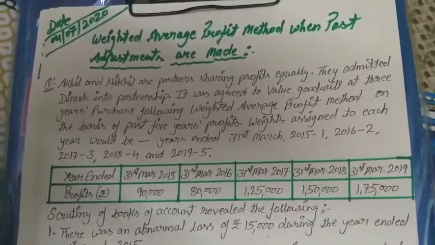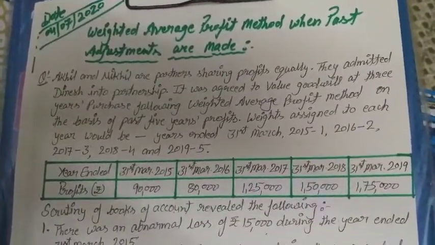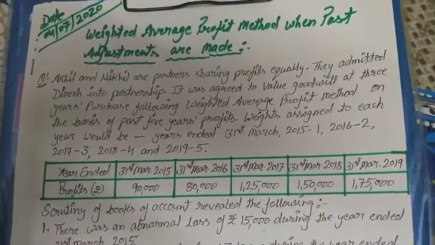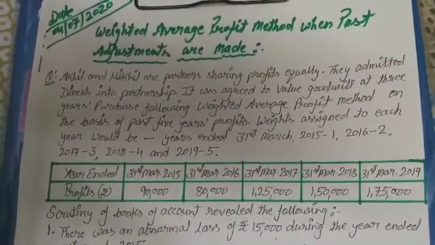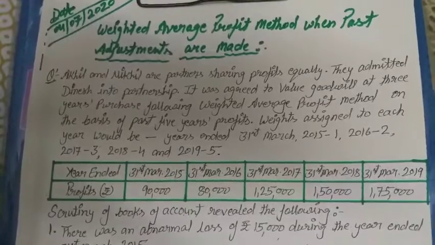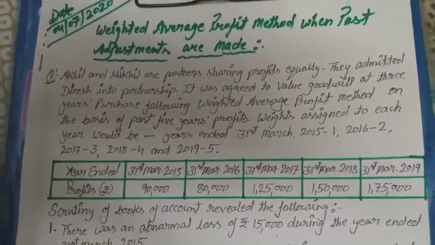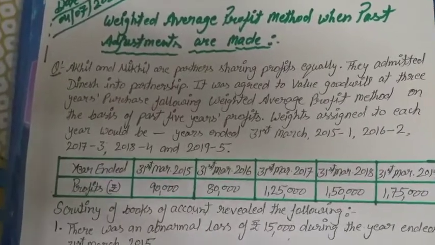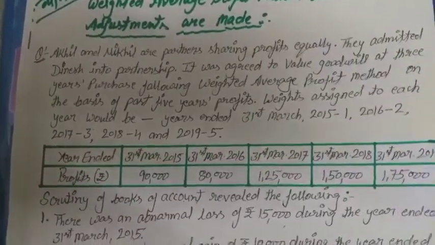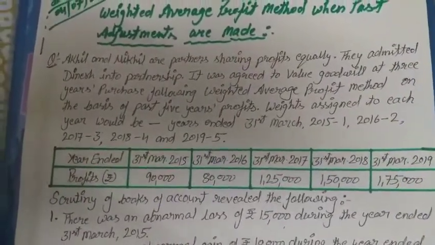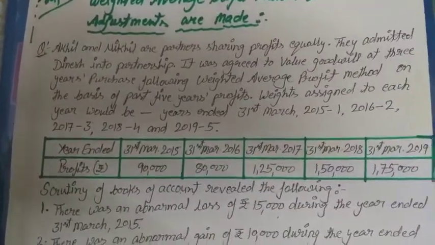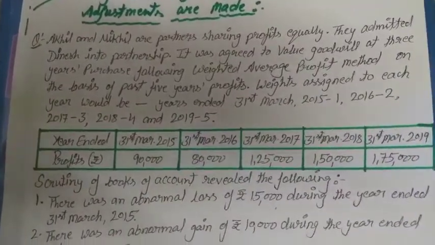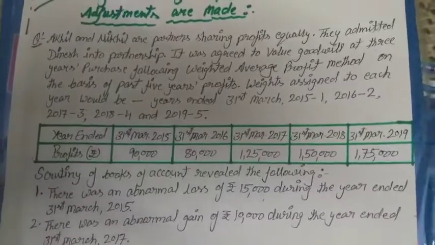When we are calculating the profit in our business, in the firm, at that time something extra we have added to our profit, and something extra subtracted from the profit, so we still do not get the correct normal profit of the firm.